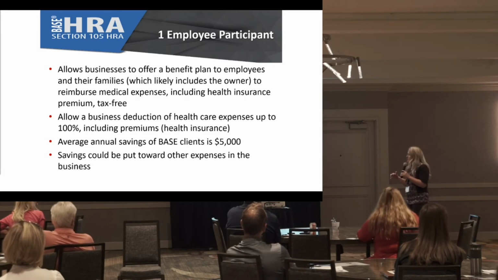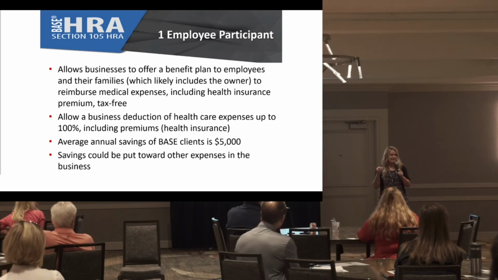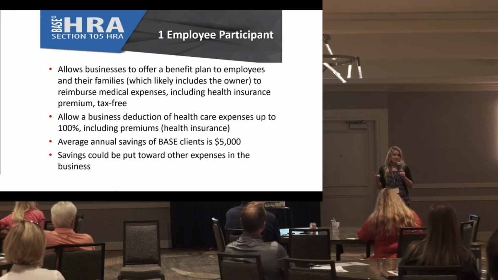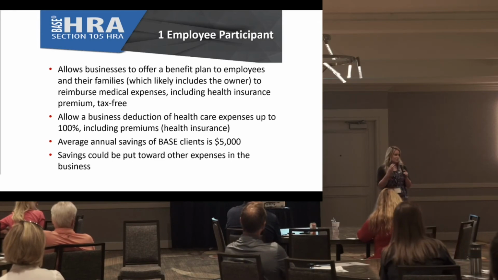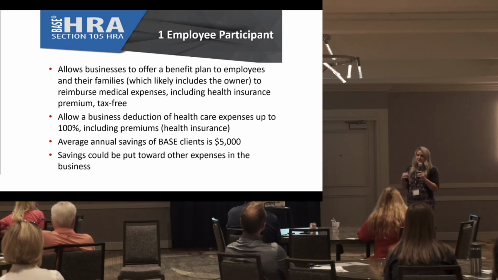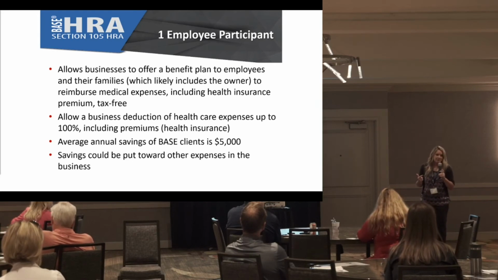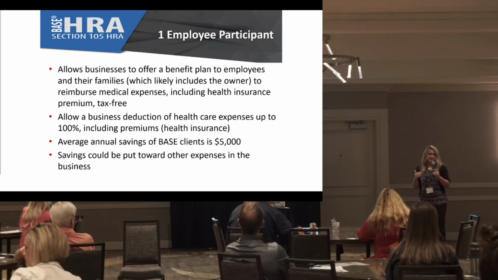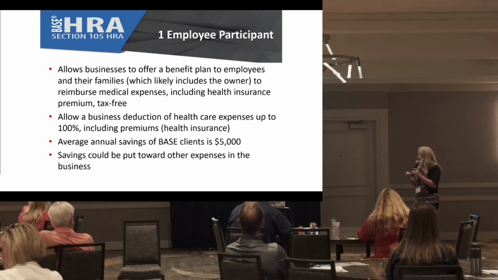So you can be deducting as a business deduction your premiums, all your out-of-pocket medical expenses, short-term health plans, COBRA premiums, some of those fixed indemnity plans, Medicare premiums, Medicare supplements. This is the one HRA where short-term health plans can become a business deduction.